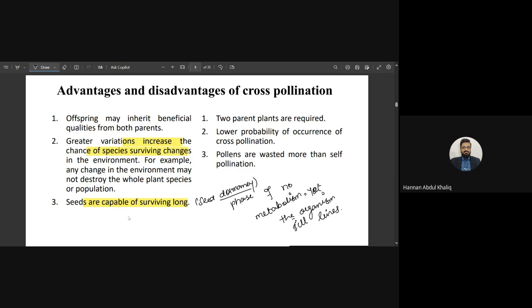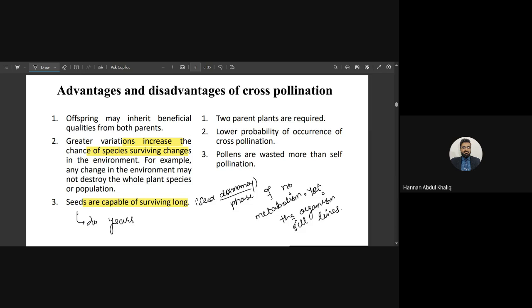In this case, some seeds are capable of surviving for 20 years and more. This is the advantage of seed dormancy.